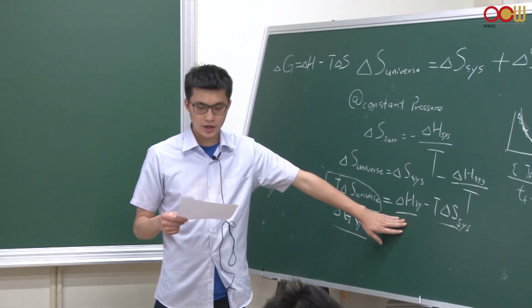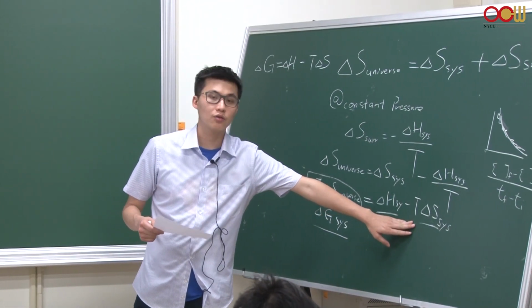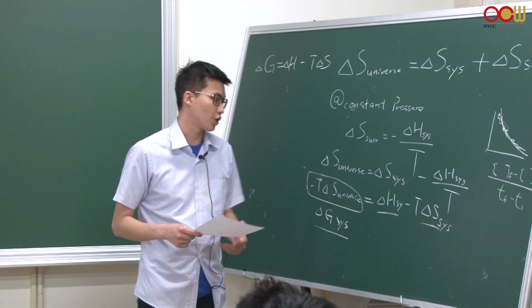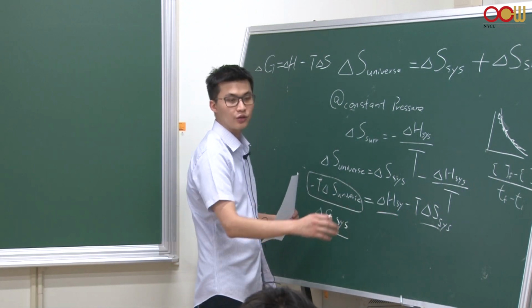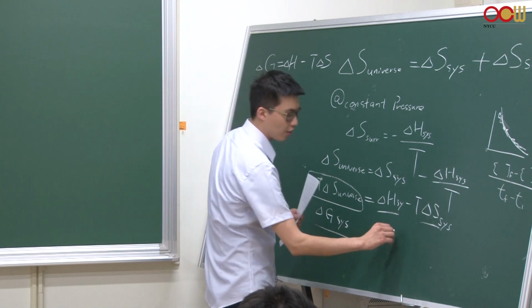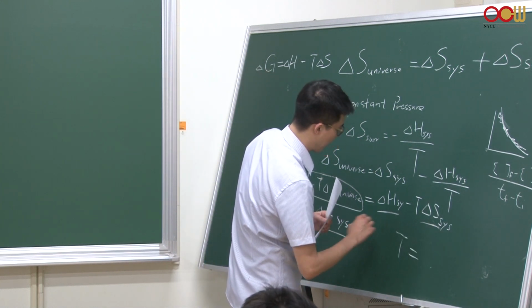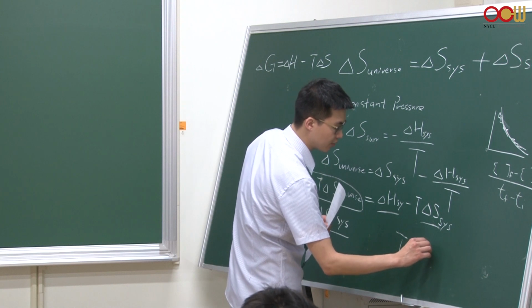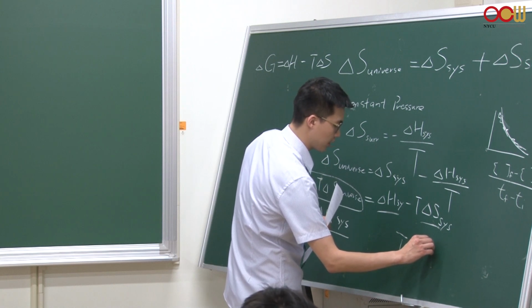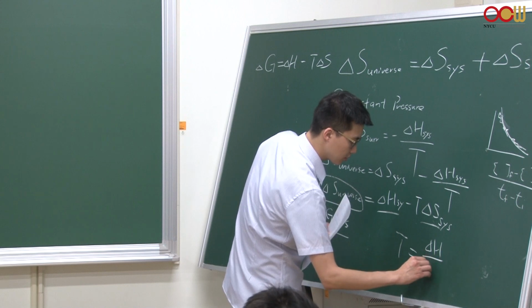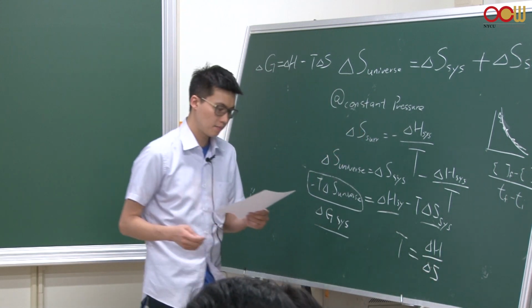From this equation, we can figure out the effect of temperature, whether a reaction is spontaneous or not. We can figure out the crossover point by assuming delta G is equal to 0, okay?